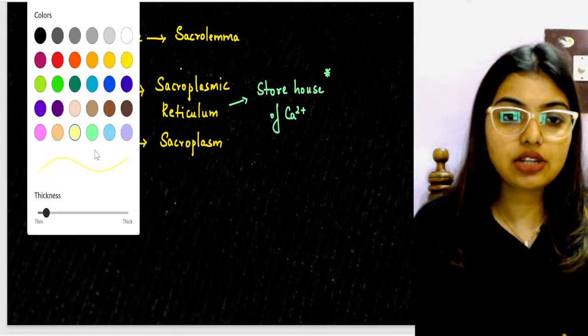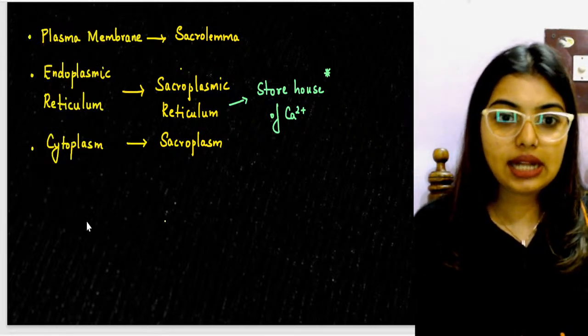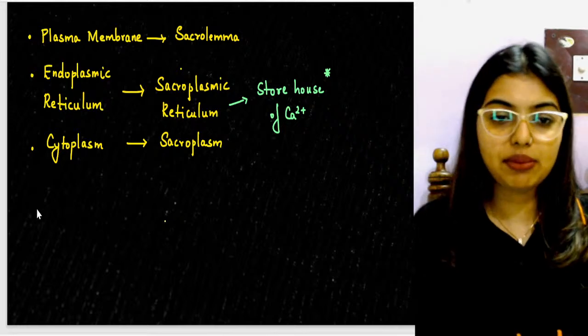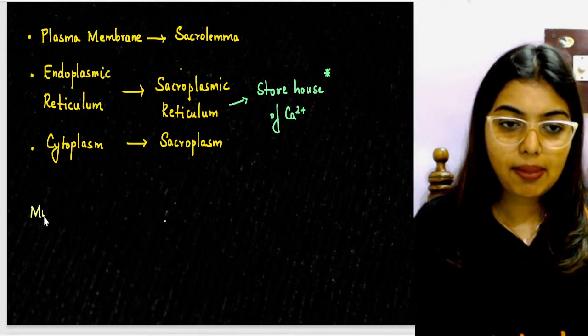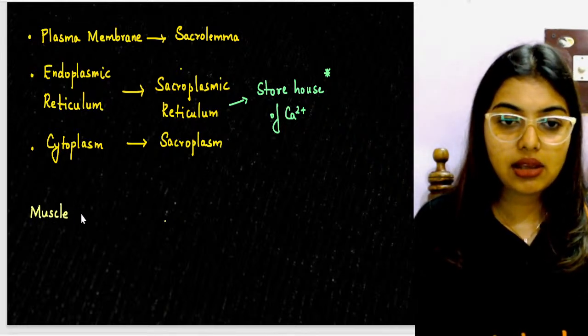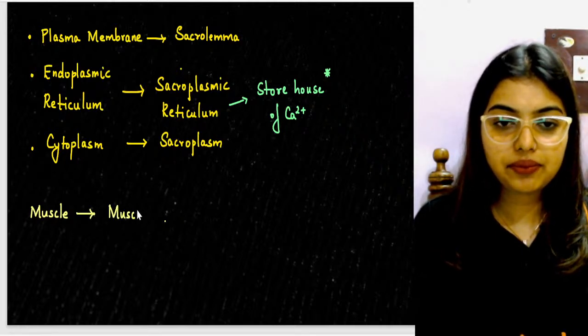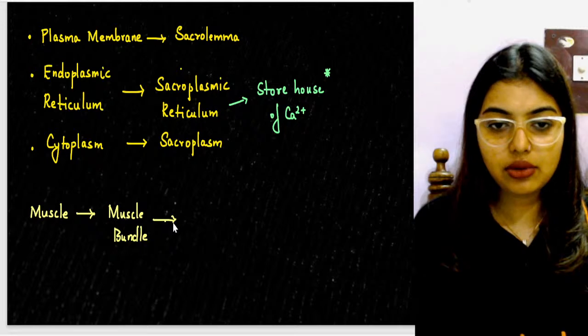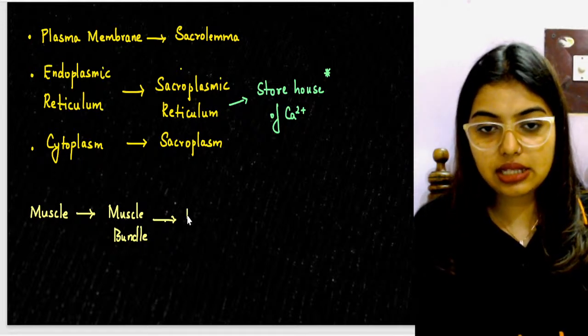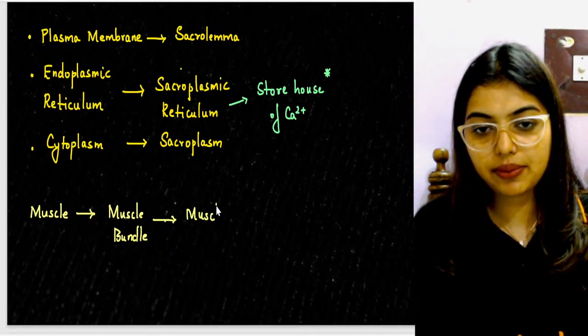Now the next thing you have to know is the flow. So muscle to muscle bundle. Inside the muscle bundle there are muscle fibers.